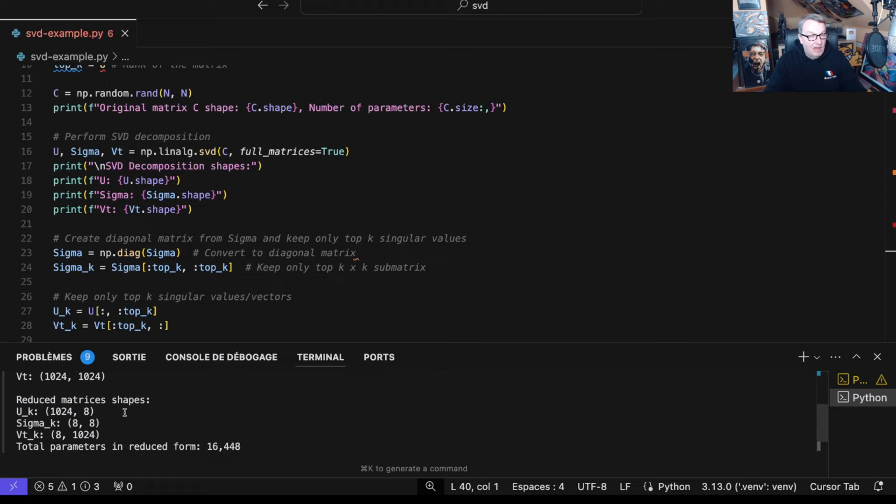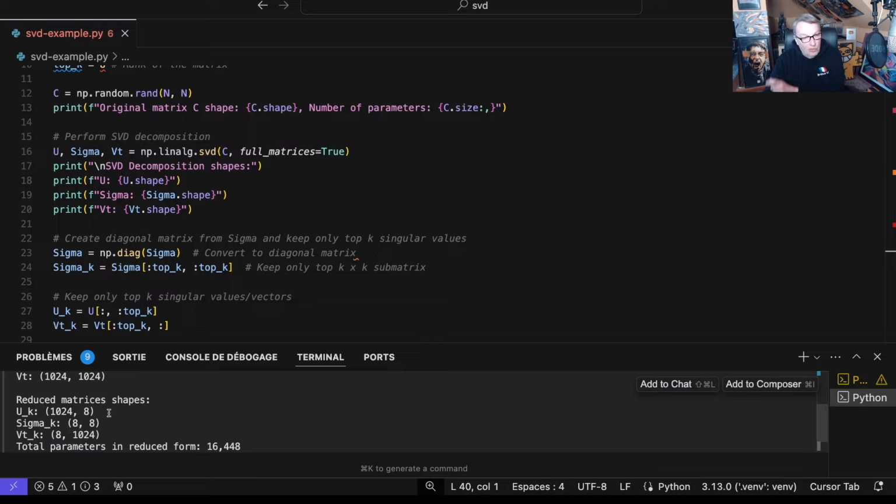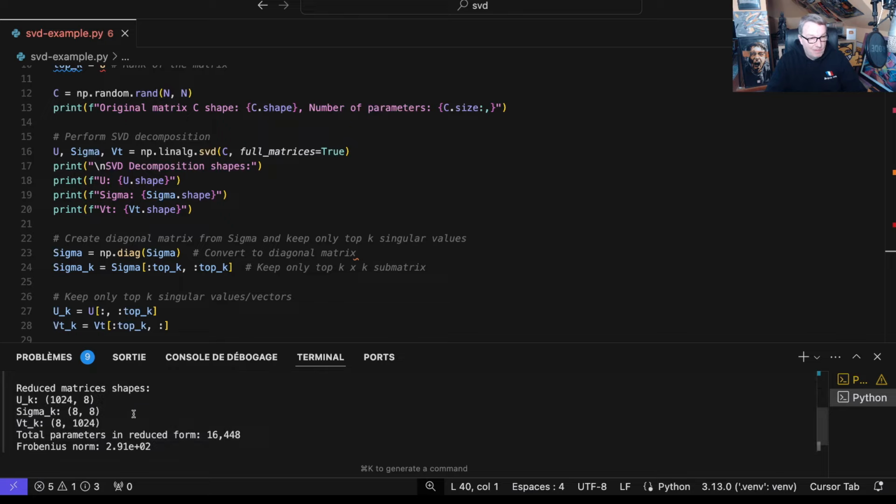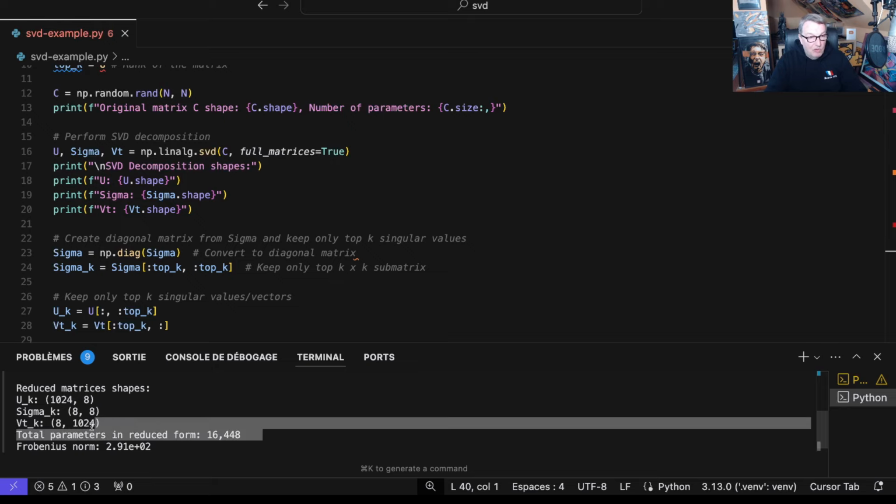So now I apply my low rank, and I keep the first 8 columns of all 3 matrices. So U, sigma, and V become low rank. Total number of parameters is what we saw before.